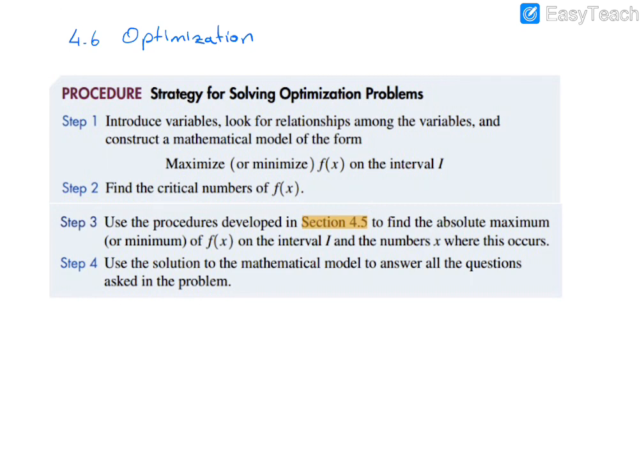First of all, in step 1, you should introduce all variables. Look for relationships among the variables and structure a mathematical model of the form: find the objective function, that is our aim function.